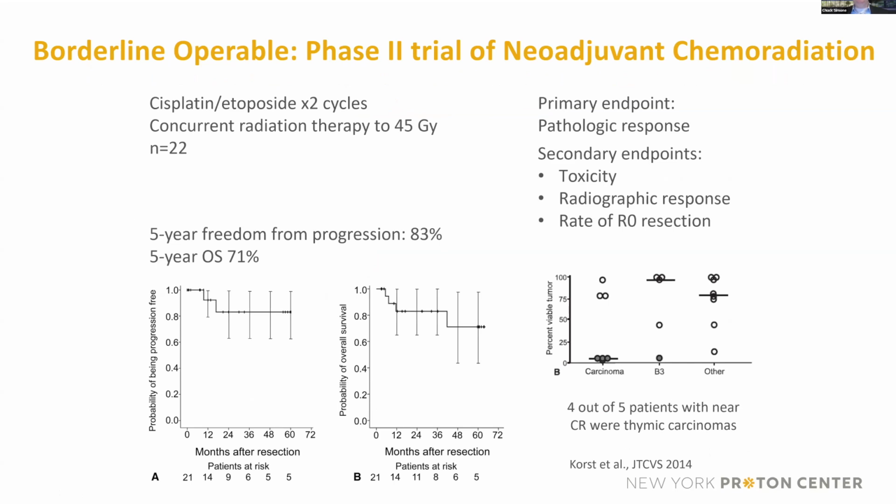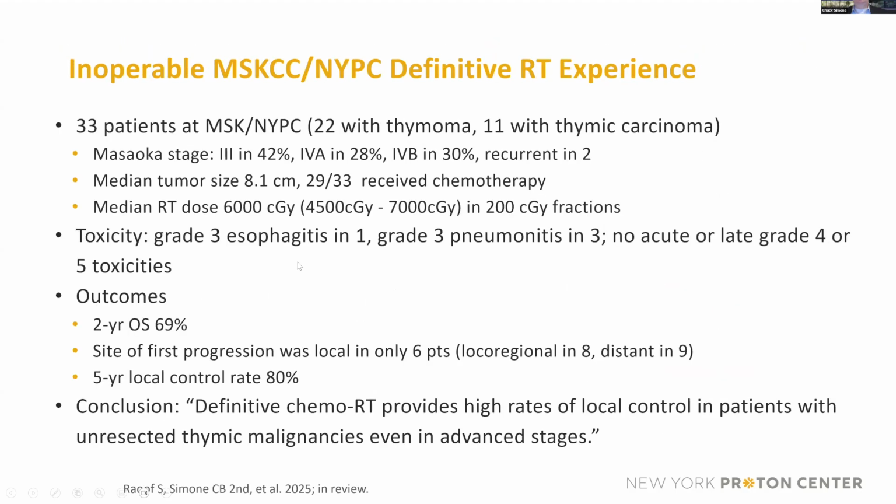There is some data suggesting doing neoadjuvant chemoradiation can be a benefit. This is a 5-year analysis looking at neoadjuvant chemoradiation. The freedom from progression was 83%, so nice outcome. It speaks to the fact that radiation can shrink this a little bit more significantly than chemo can, and potentially can make a surgery more successful in a borderline operable candidate.